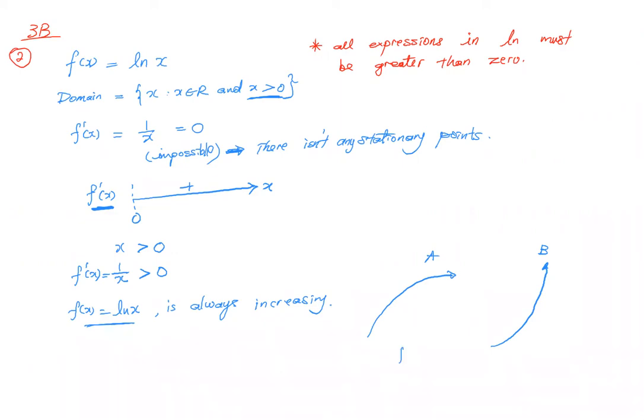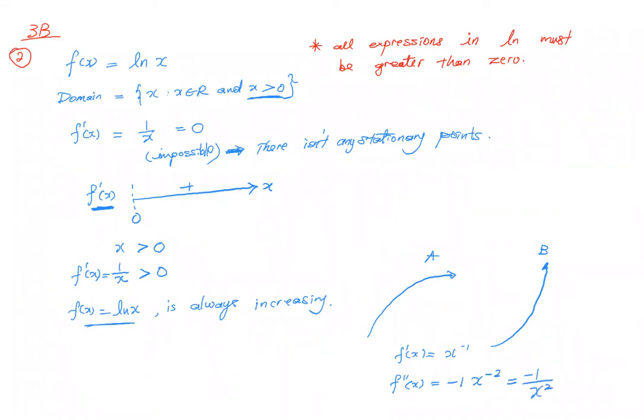So your f prime x is x to the power -1, correct? So f double prime x will be -1 power take away 1, so it will be -1 over x squared.